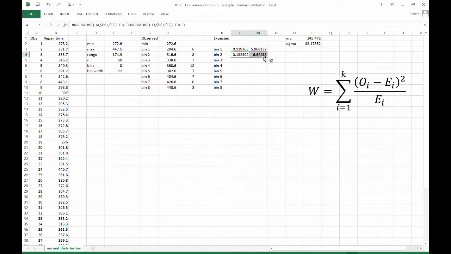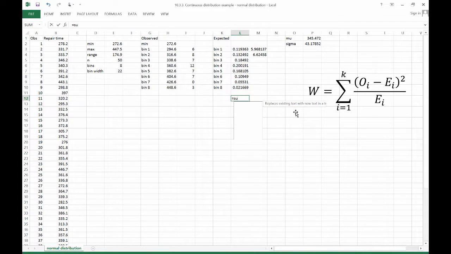Let's keep dragging all these down. Here's the probability up to here. Let's sum this up and see what we get. Hopefully it's close to 1, but it's not going to be 1 exactly because we're not including probability all the way up to positive infinity. We're truncating our probability off at 448.6.